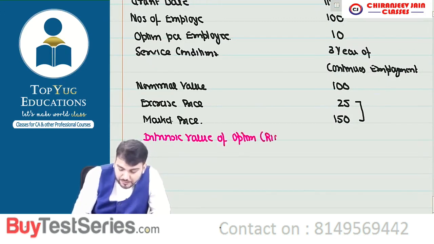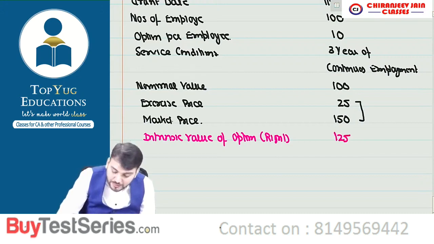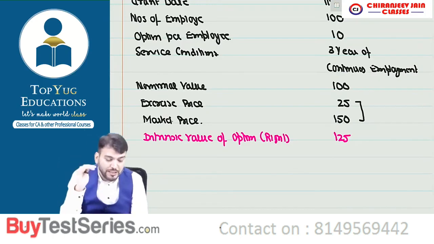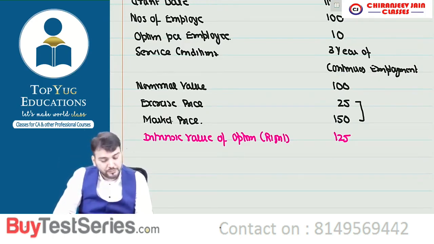Option means right. So this is the value of the right. 150 minus 25 means what? 125. Correct now. So this is known as the intrinsic value of option. Correct? Understood?